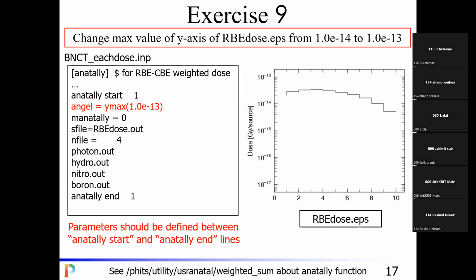So I think you get this distribution. So the RBE weighted dose is much higher than each dose component.